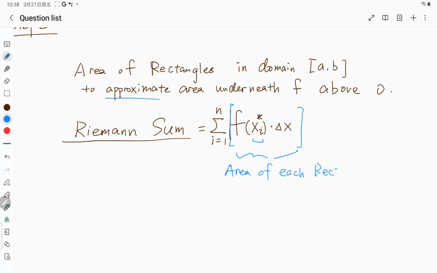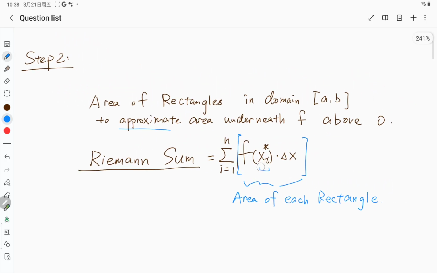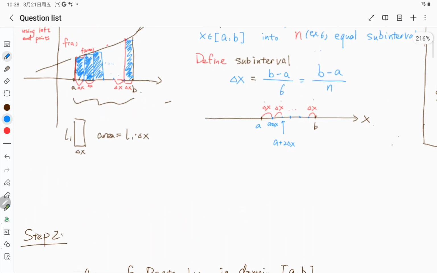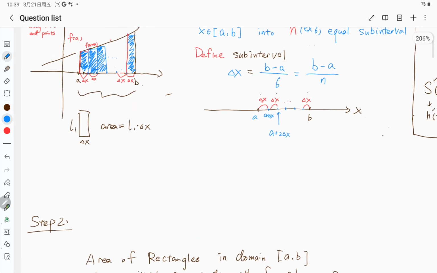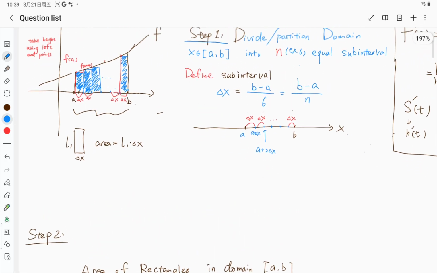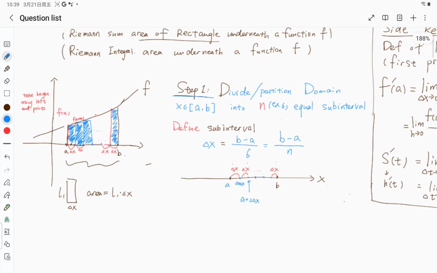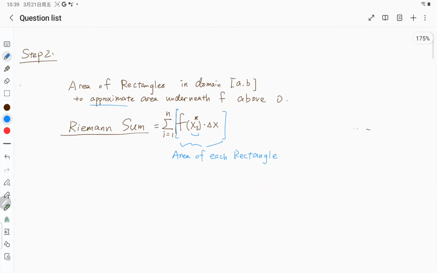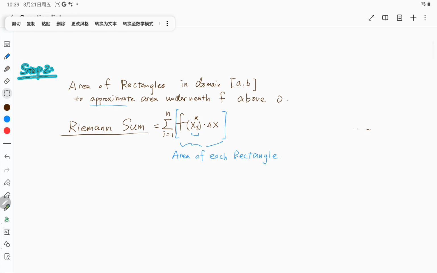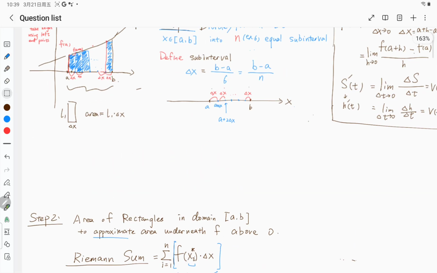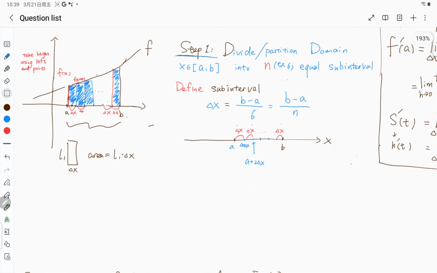And what we do is just sum them up. We calculate the area of each rectangle and then sum them up. The reason I use f(x_i) is that the first graph that we drew is using the left endpoint, but however we can also use, as we say, the right endpoints.